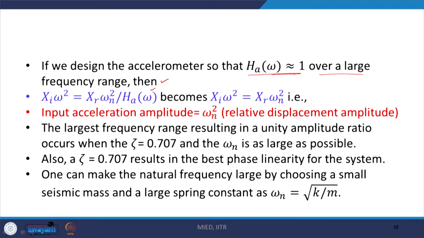So, xi omega square is equal to xr omega n square, and I have already said that this xi omega square is the input acceleration amplitude. So, this input acceleration amplitude is equal to omega n square times xr, that is the relative displacement amplitude.